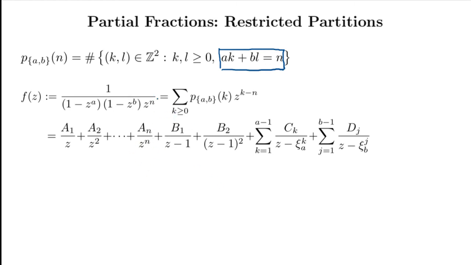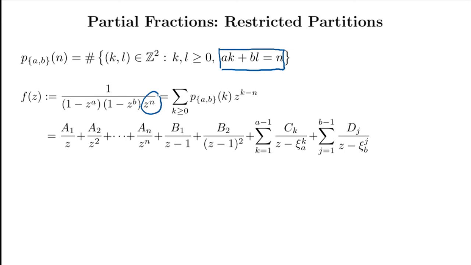The technique is to take the generating function and divide by an extra z to the n, then expand this new rational function into partial fractions, and the actual restricted partition function will be the constant term of this new expansion.